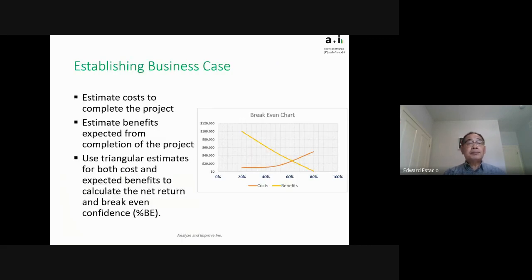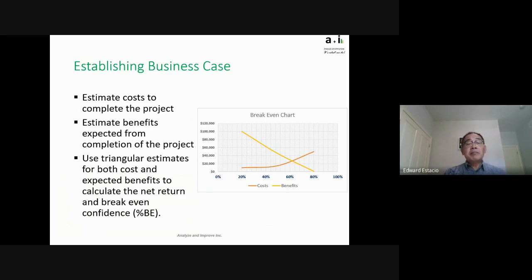Business case. Cost to complete the project. It always involves cost. What are the benefits? If we complete this project, how can the company benefit from it? Let's use the costs and expected benefits to calculate the net return.